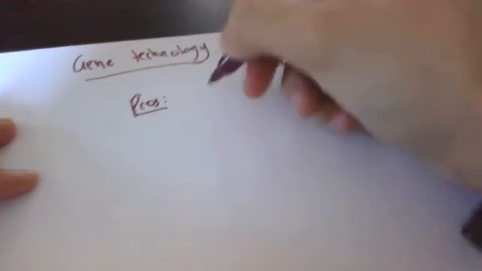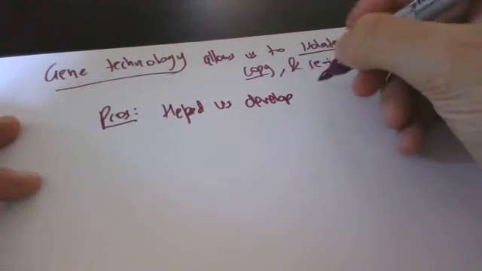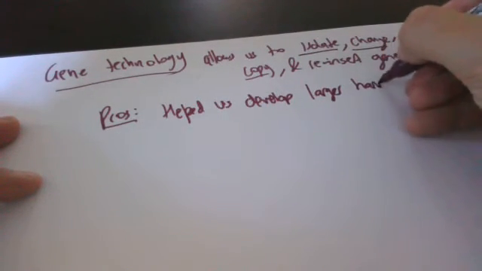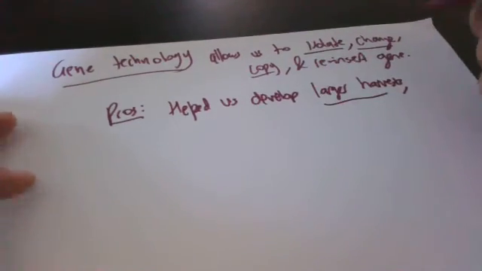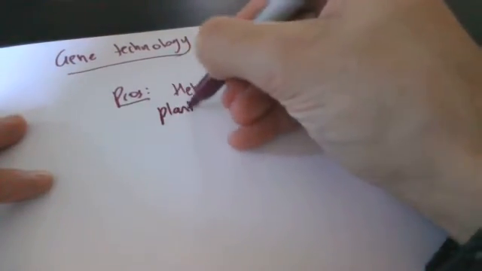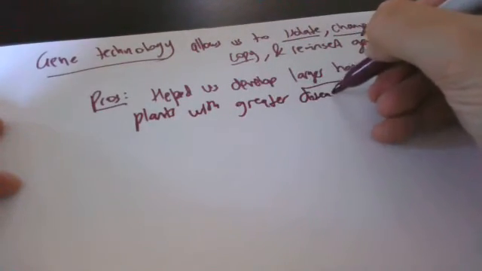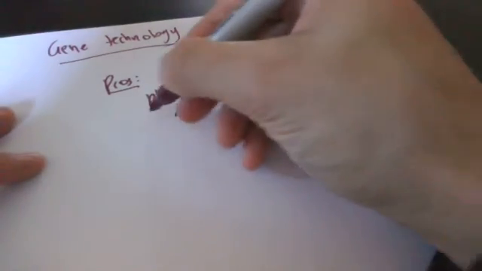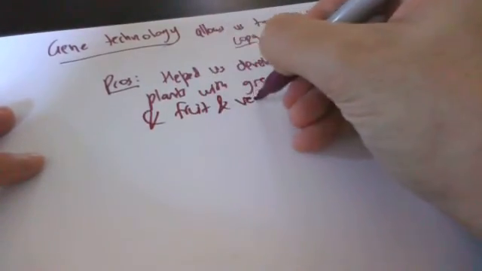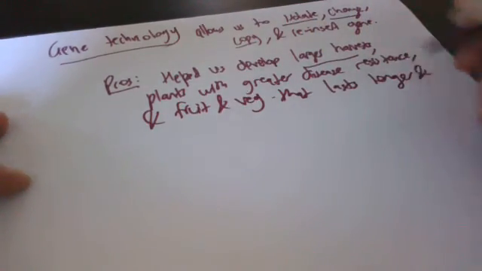The pros: helped us develop larger harvests, which means more produce in greater quantities; plants with greater disease resistance; and fruit and veg that lasts longer and tastes better.